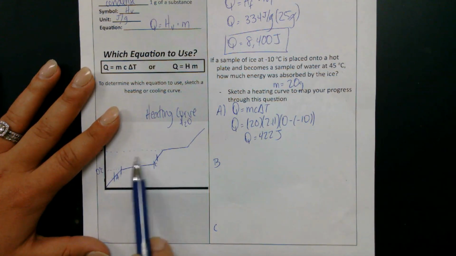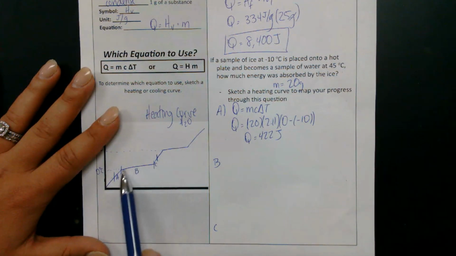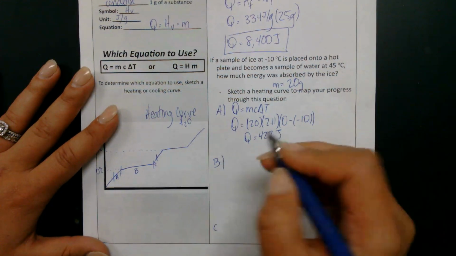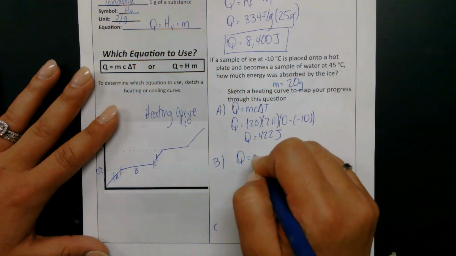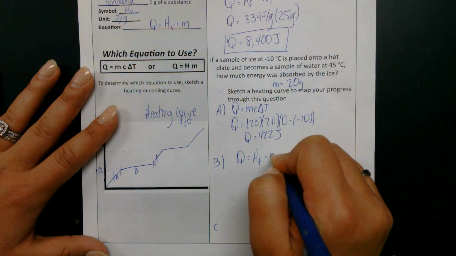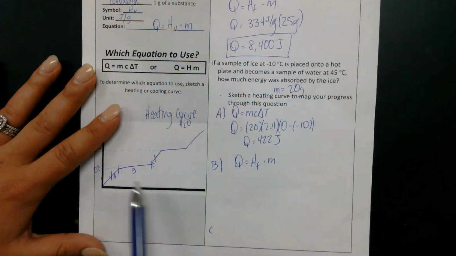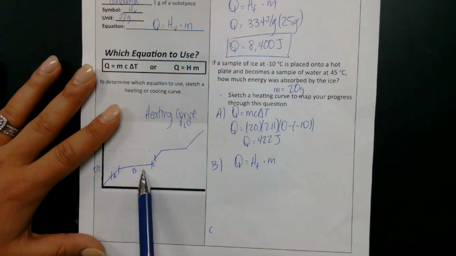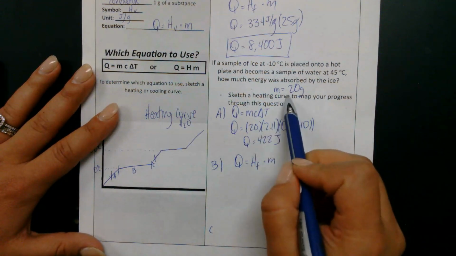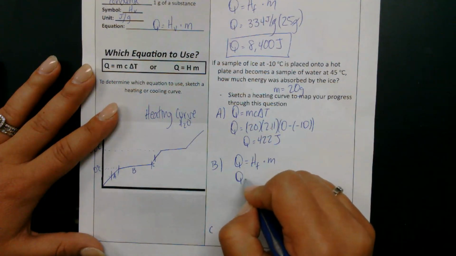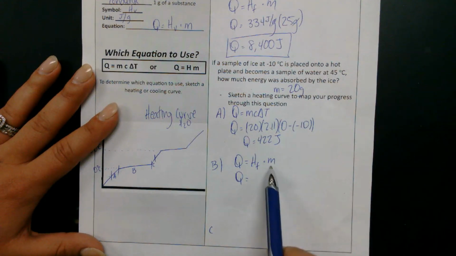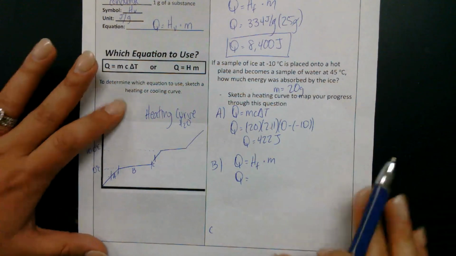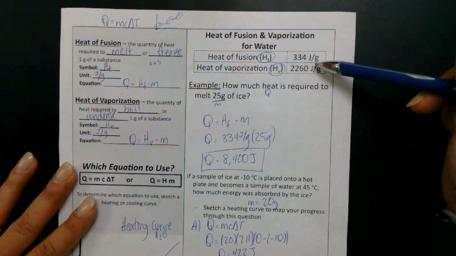All right, now let's calculate how much heat there's going to be for this section where there is no temperature change. This is where I'm going to use my Q equals HF times M equation, the heat of fusion, because this is a phase change. This is where something is melting. So if our mass is 20, Q equals the mass, right, times HF. Well, HF is heat of fusion, which we're given right up here.